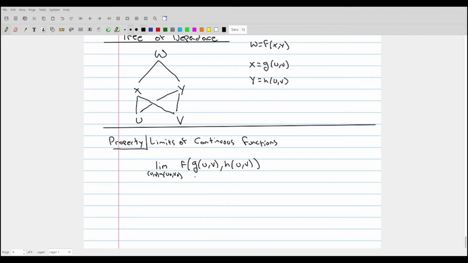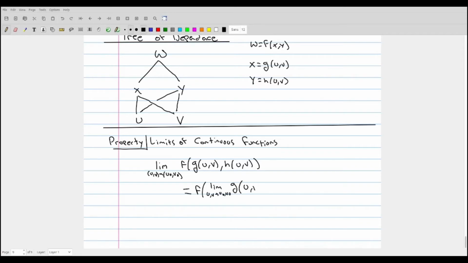If these functions are all continuous, so the limit of all the functions exists, so f is continuous, g is continuous, and h is continuous, this is the same thing as f of the limit as (u,v) goes to (u0,v0).